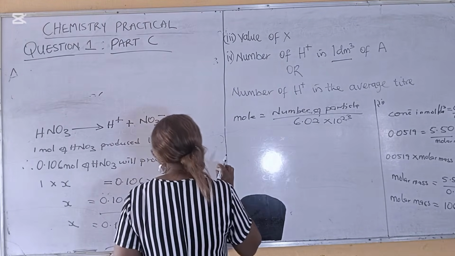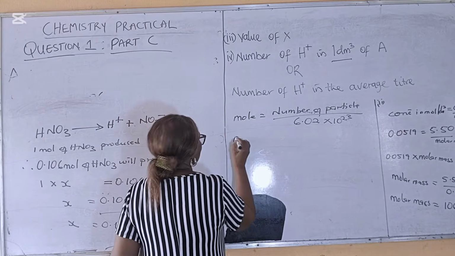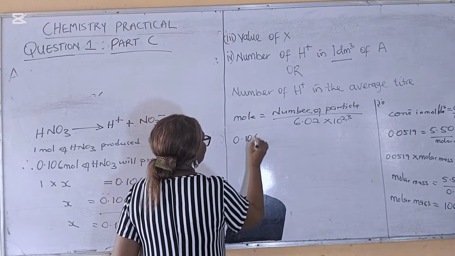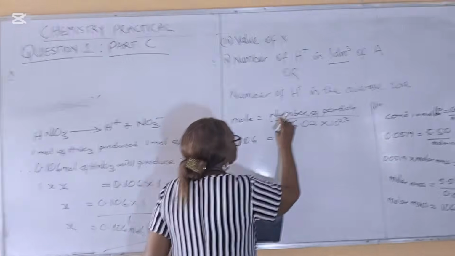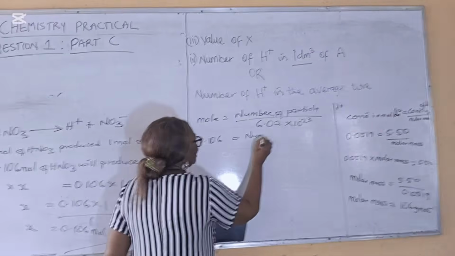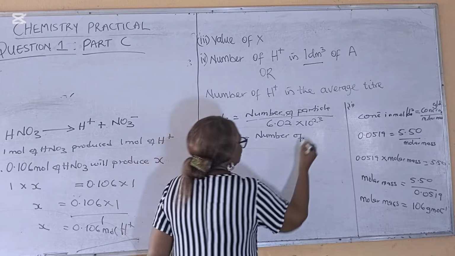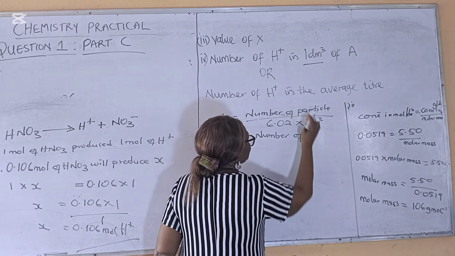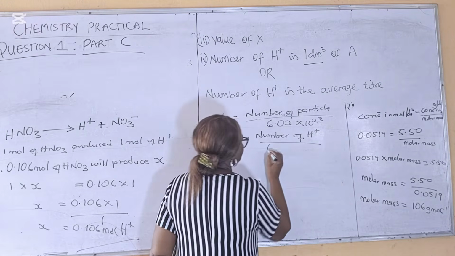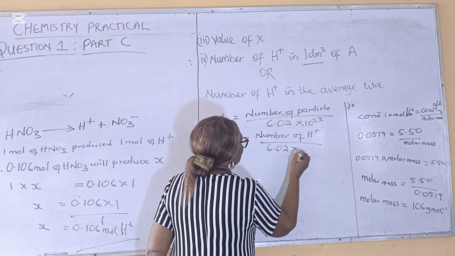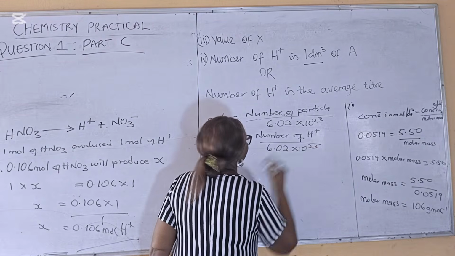And what is the mole we have anticipated in getting? 0.106 is equal to the number of the hydrogen ion I am asked to look for, number of hydrogen ion, which is still particle, over 6.02 times 10 to the power 23.